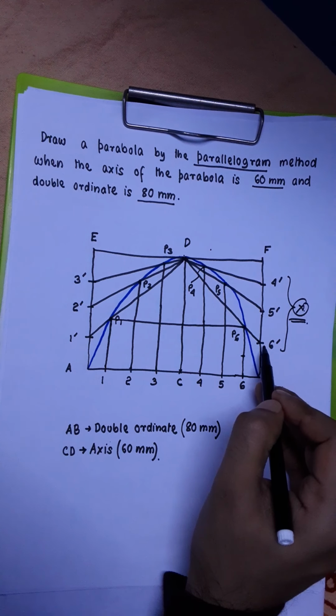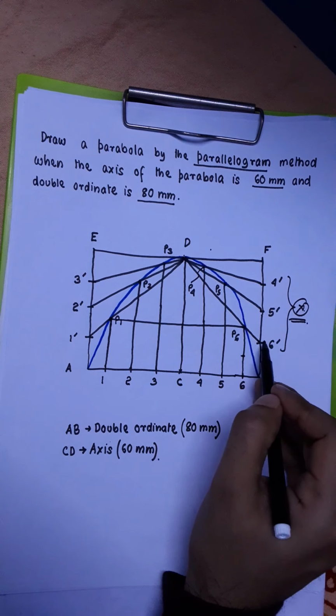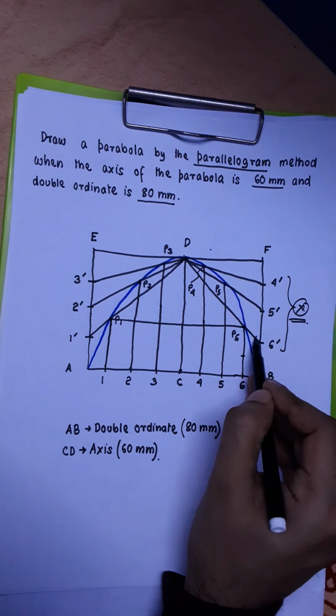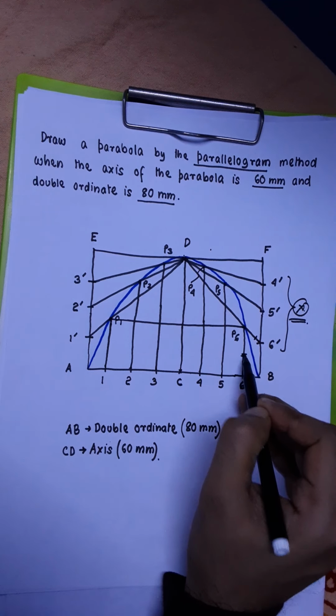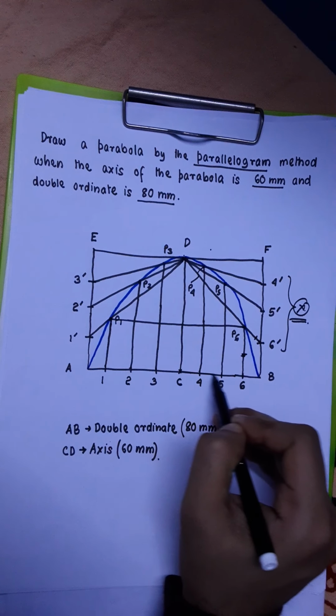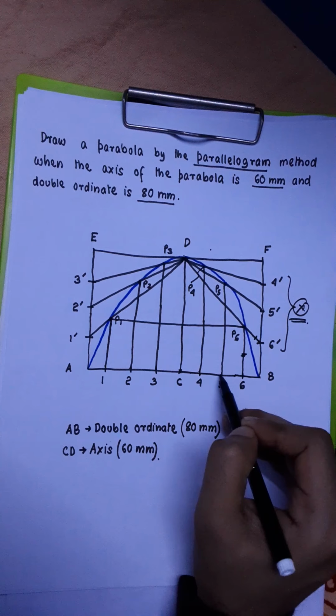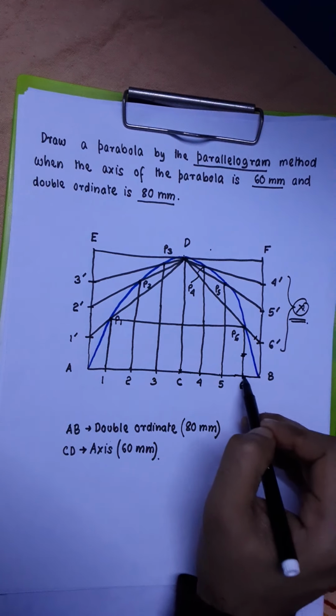So you need not get P6 by finding out the intersection of this line and this line. You just divide this side CB into 4 equal parts. Call the division points as 4, 5, 6.